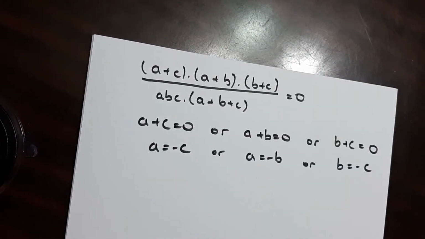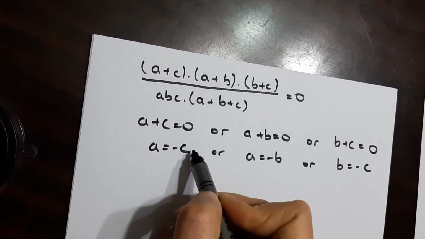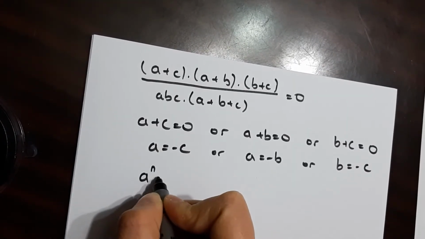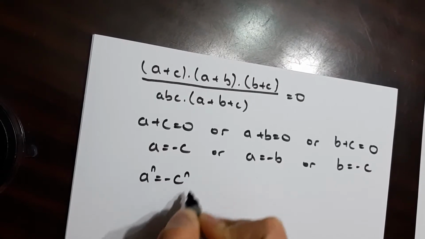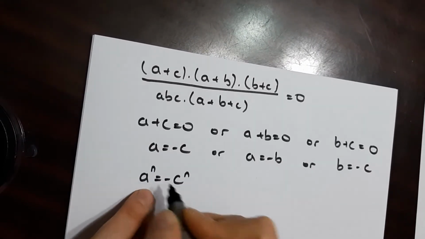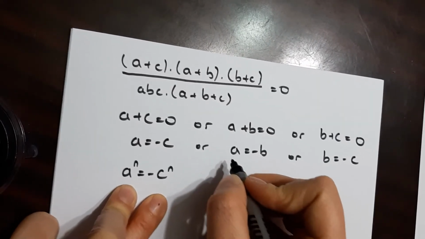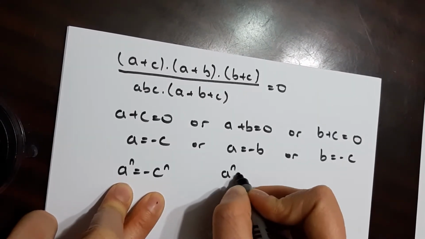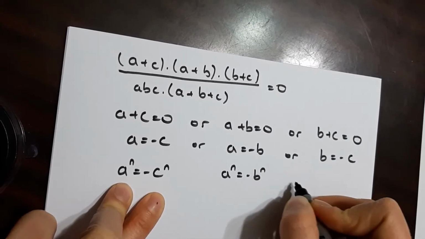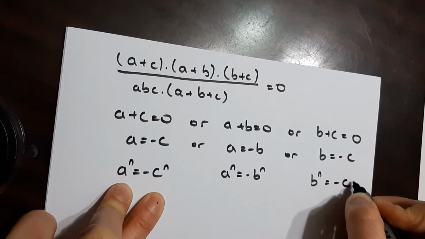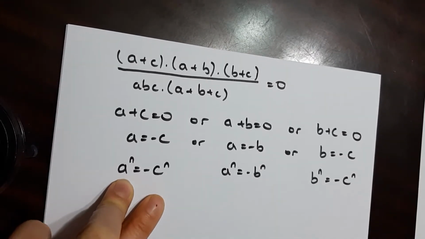So if I will take the power of n, a to the power of n is equal to minus c to the power of n. Why? Because n is an odd number. It's given in the question. The same thing will be for the second one. a to the power of n will be minus b to the power of n, or b to the power of n will be minus c to the power of n.